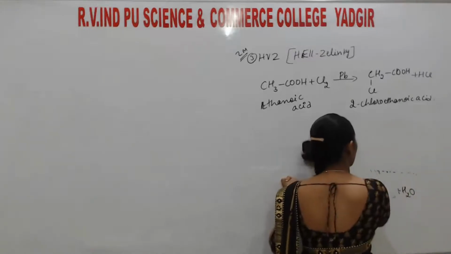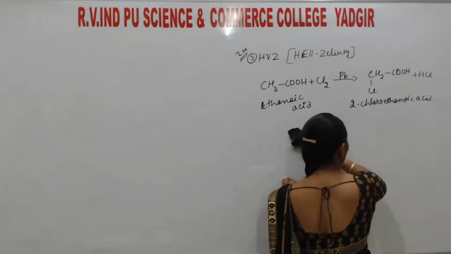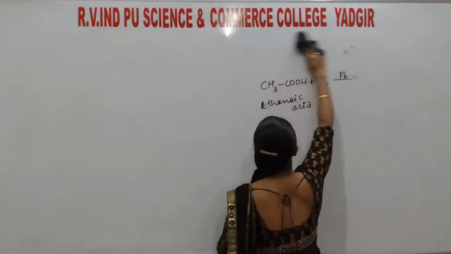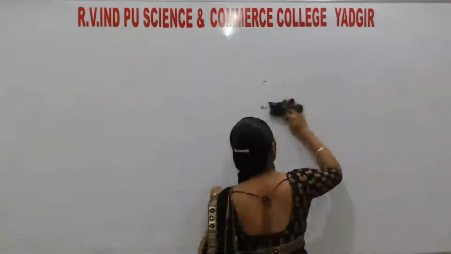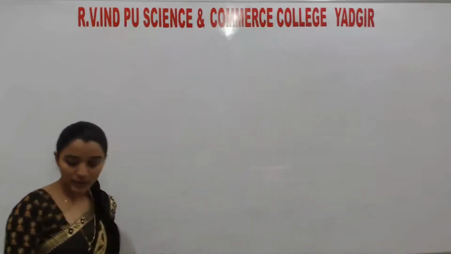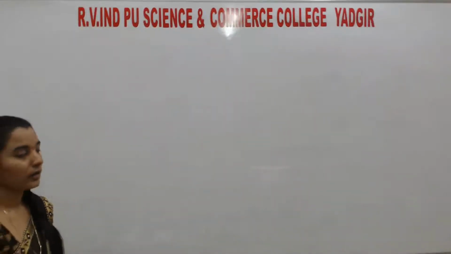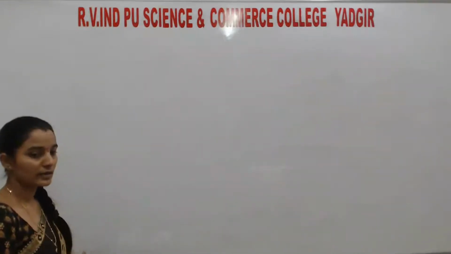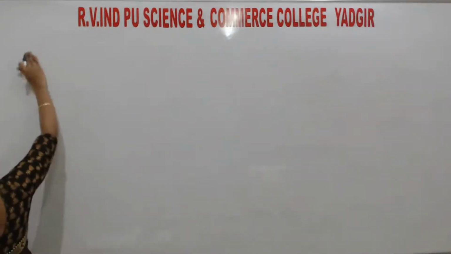It may be any alcoholic group, phenolic group, amine group, anything, the most acidic one is carboxylic acid. So what happens to the acidic character in the presence of electron withdrawing groups and electron releasing groups? So listen.